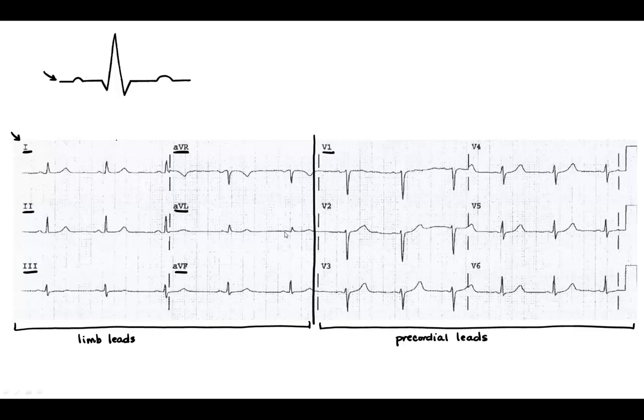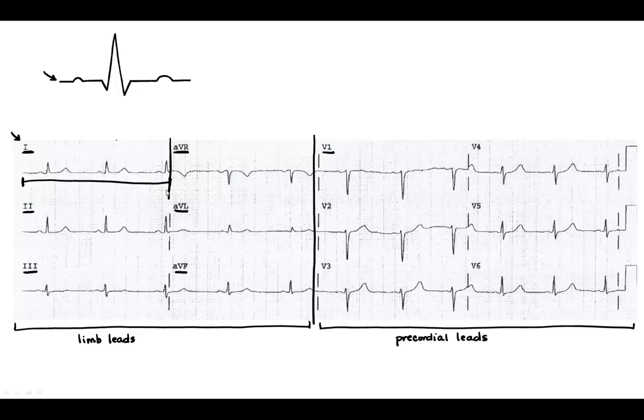And it turns out that our squiggly line is divided into sections, and each section is devoted to the lead that is written next to that part of the squiggly line. So what I mean by that is, say we look at the section that's labeled by V1. It starts from here and it ends right here. So the span of the voltage tracing that is devoted to lead 1 is right here. This squiggly line going from here to here is the voltage that would result if we were looking just at lead 1, and what electrical activity it would report.